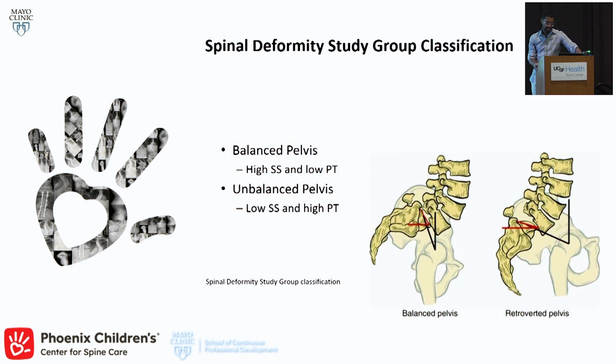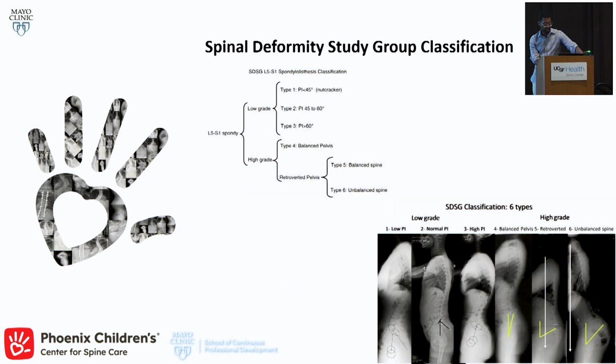For the individuals that have low pelvic tilt and high pelvic tilt, particularly depending on the pelvis being balanced or unbalanced, particularly for the high grade slips, we then have to figure out how much the patient is compensating, and even if they are compensating, do they still have an unbalanced pelvis? That created a classification system that we now have here, which includes 6 different types.